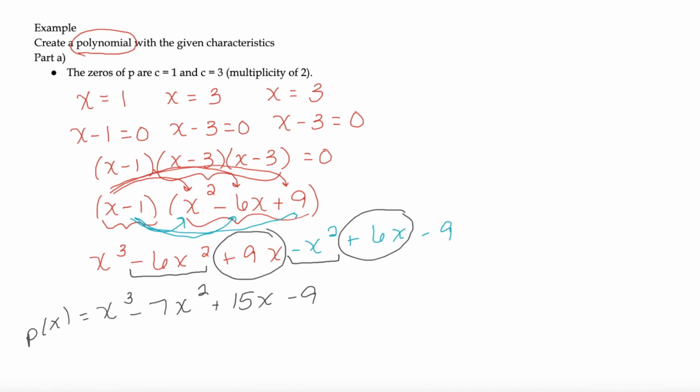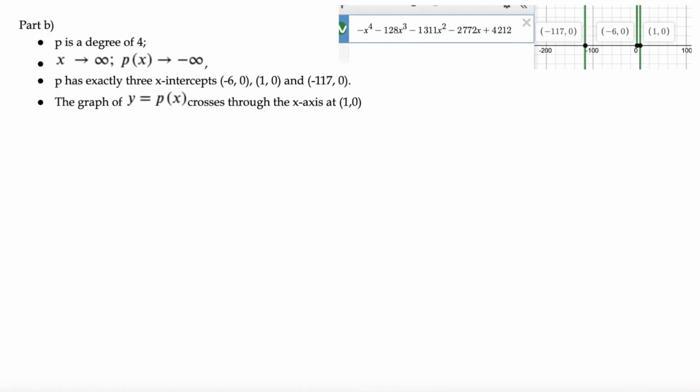And our last example on slide 7. Here it's giving us some information. We need to have a degree of 4. We know that that means that there are 4 solutions. It tells us that it has exactly 3 x-intercepts.